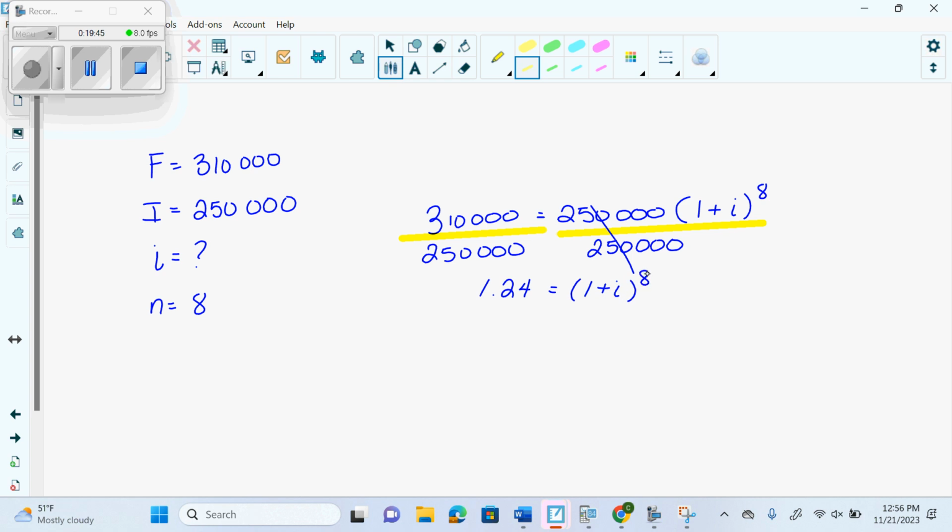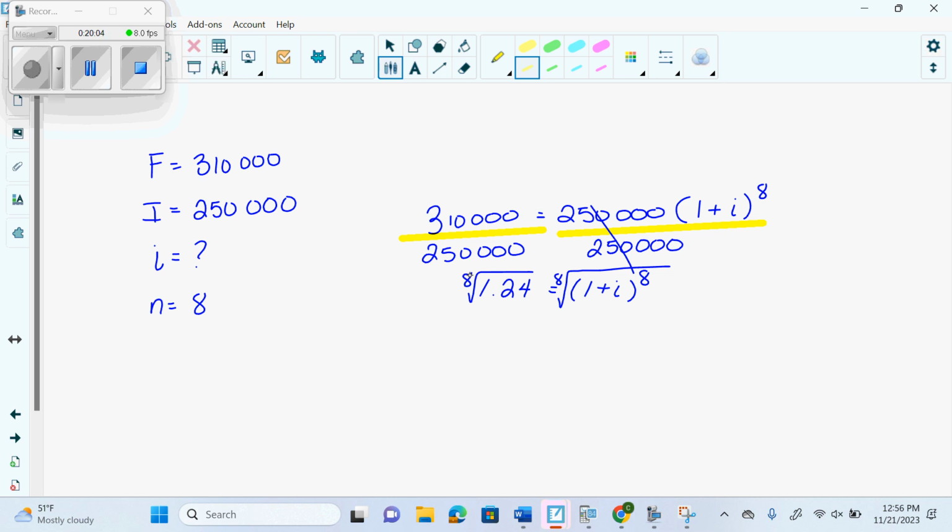So people want to convert it. Would converting help? No, you're going to get a 1 plus I in the base of a log, which I don't know how to do. So what do you have to do? Math. How do I get rid of an 8? I take the 8th root.